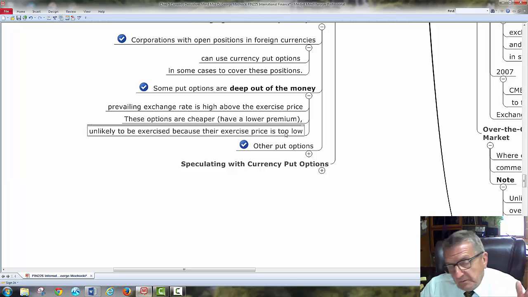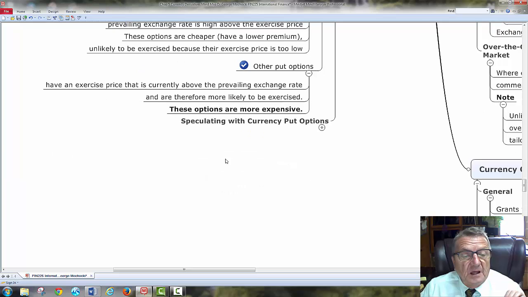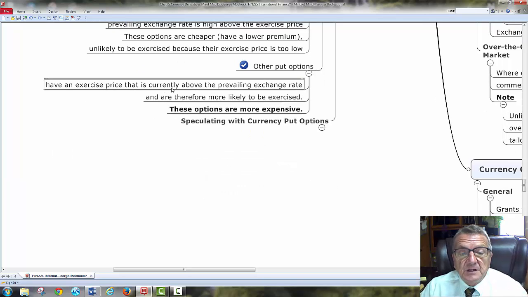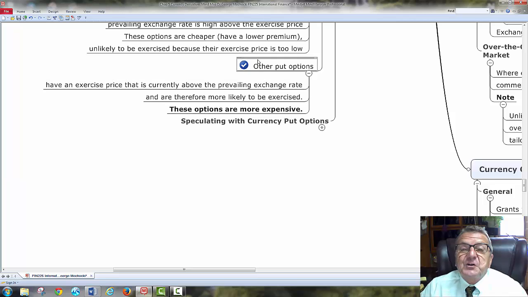It's one way of minimizing risk. Other put options have an exercise price that is currently above the prevailing exchange rate and are therefore more likely to be exercised. As long as the exchange rate doesn't go up, these options are more expensive.